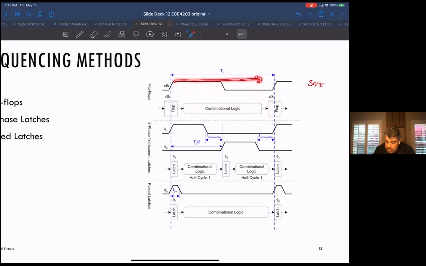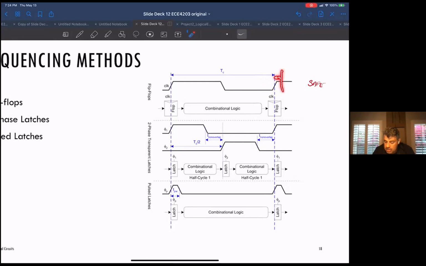So this is how much time it has. Plus, you have to worry about some timing overhead. The data has to get to the input of this next layer of flip-flops a certain time before the clock. So you have to have stable data before the rising edge of the clock arrives, and that data has to stay stable for a certain amount of time after the clock arrives.